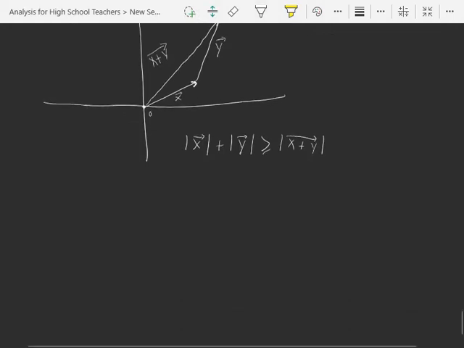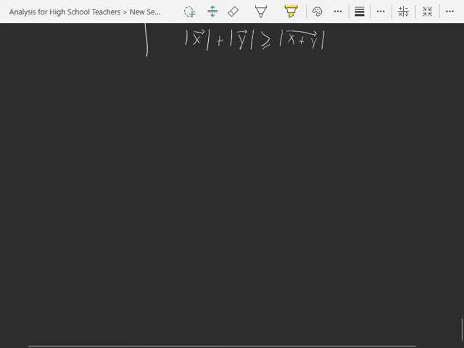Okay. So let's just prove this with real numbers first. I'll probably have you prove it with two-dimensional vectors on a homework assignment or an exam. So let's start with the proof of the triangle inequality.